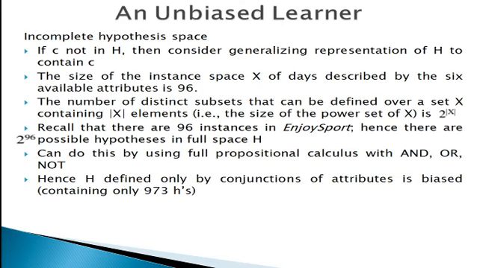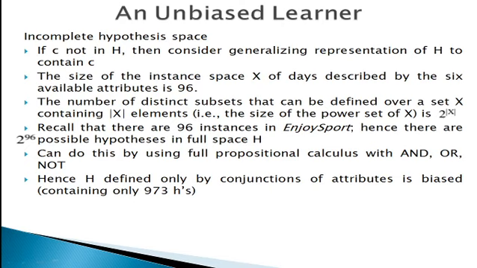So how many possible concepts can be defined over this set of instances? In other words, how large is the power set of X? In general, the number of distinct subsets that can be defined over a set X containing |X| elements, that is the size of the power set of X, is 2 raised to |X|.